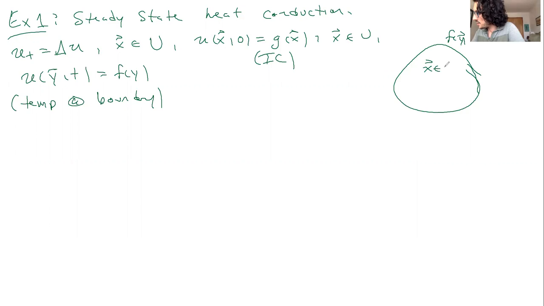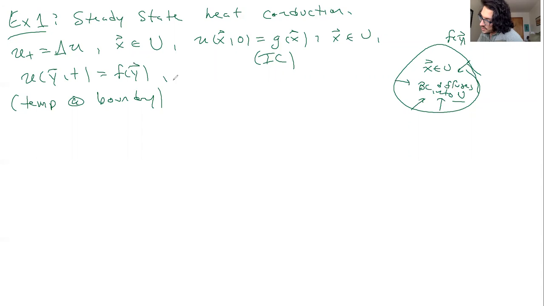This is x in U, drawing it here. Essentially, the boundary condition diffuses into U. So that's what happens with diffusion; things diffuse.